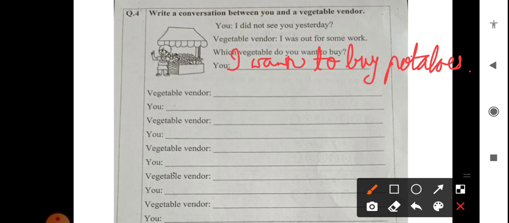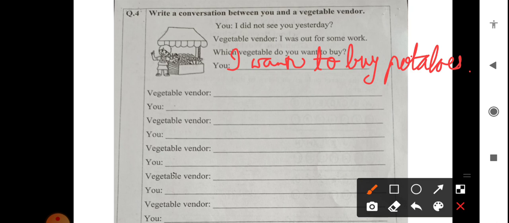Vendor: Yes, I have. You: Then you will say that I want 1 kg potatoes or 1 kg lady's fingers. The vendor will say yes, I have. You will say I want to buy this. The vendor says it is 1 kg. How much do you want? You will say that I want 1 kg of lady's finger or potatoes. Then you will ask whether it is fresh or not.